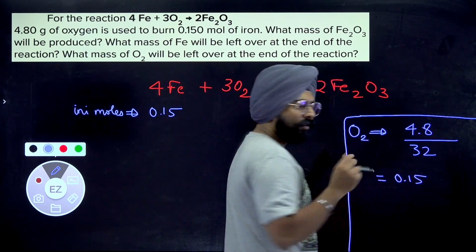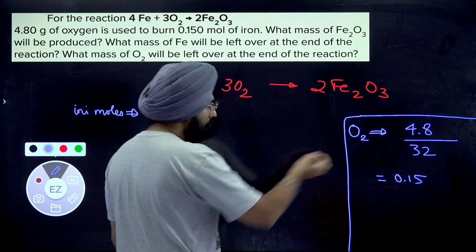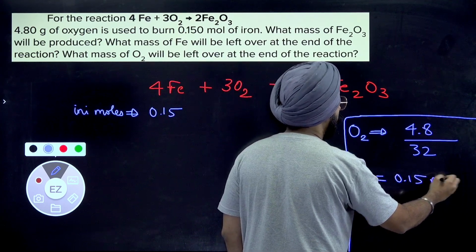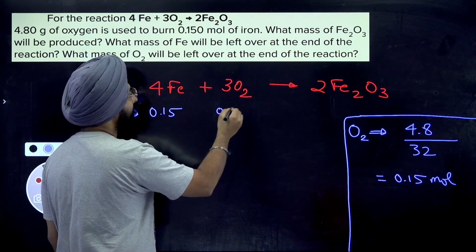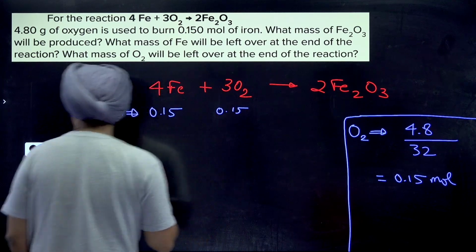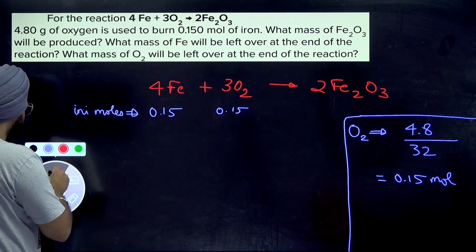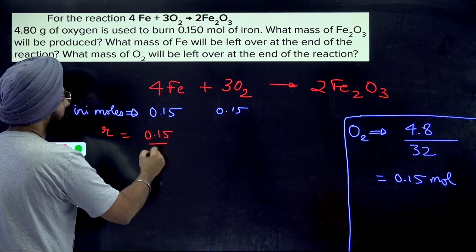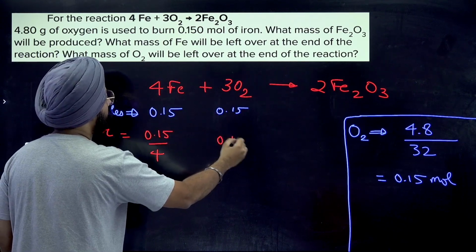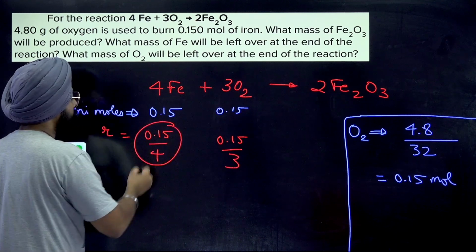I'm a little slow at mathematics, so please bear with me. But we have 0.15 mole of O2. So the number of moles of both of them are given as same. Now, my dear friends, what will be the ratios of each of these? Ratio will be 0.15 by 4 and over here 0.15 by 3. This is smaller.